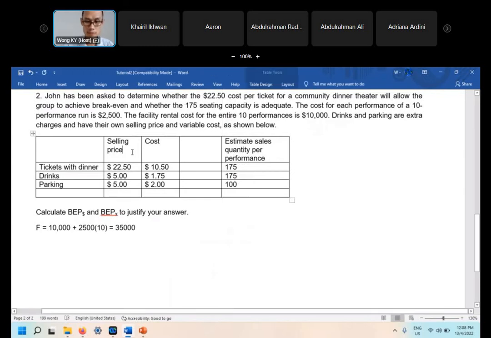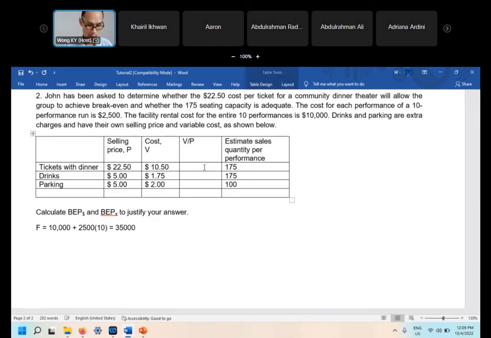Now, if you still don't understand, selling price is P. Cost here is the variable cost, which is V. So create another column, calculate V divided by P. So 10.5 divided by 22.5.